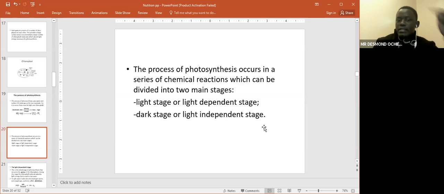Light energy is used up in this stage, and we will see why light energy is required there. The dark stage, or the light independent stage, does not require light. So photosynthesis proceeds, but it happens in the absence of light, and we'll see how that occurs.